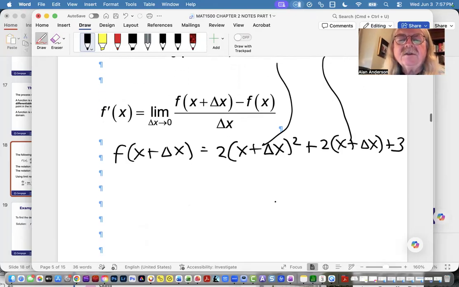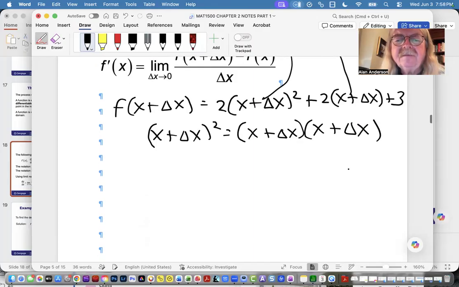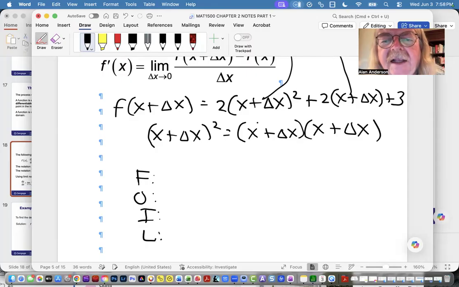Okay, now when you square x plus delta x, you're just multiplying x plus delta x times itself. And this we can actually do with FOIL, so we may as well take advantage of that. F is here.